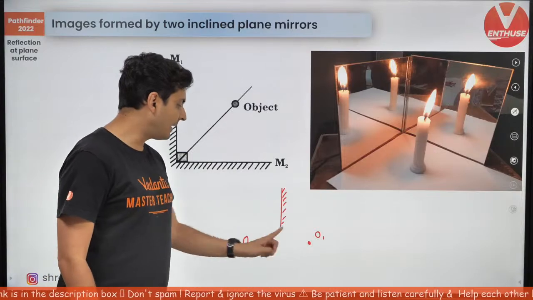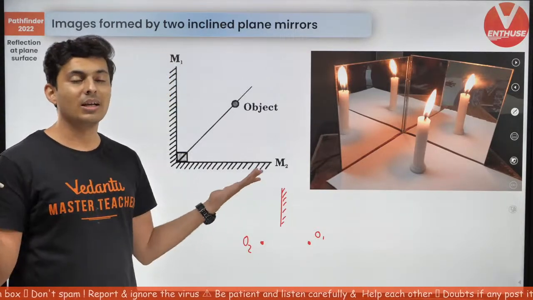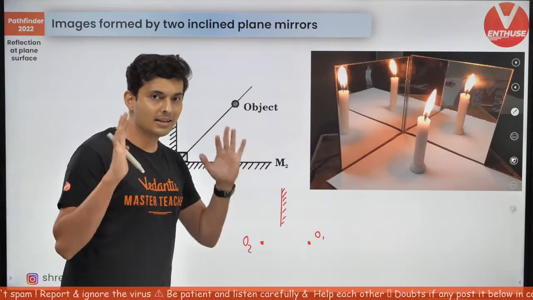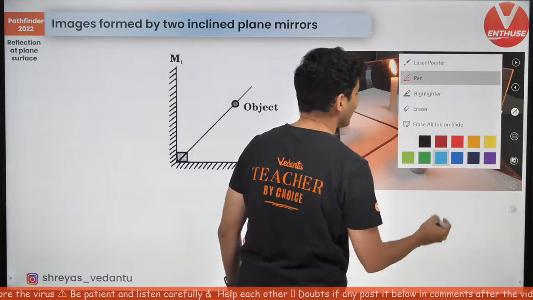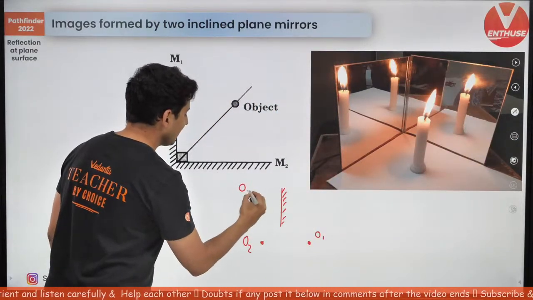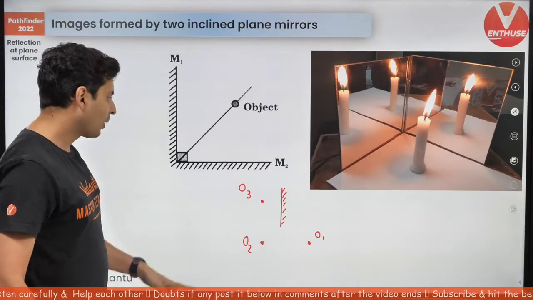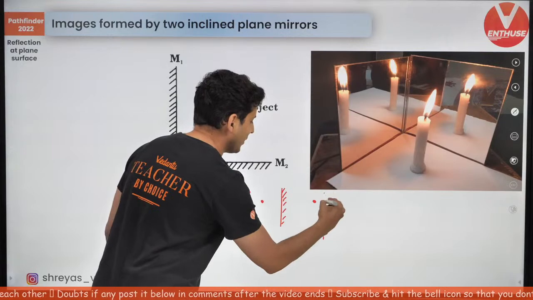Look at this, O1 and O2, this is the mirror. Out of these two objects, which objects do you think can form images? Think carefully and answer. Well, I'll put one more object just to create some interesting confusion. O1, O2, O3. Okay, I'll add one more object, let's say O4.